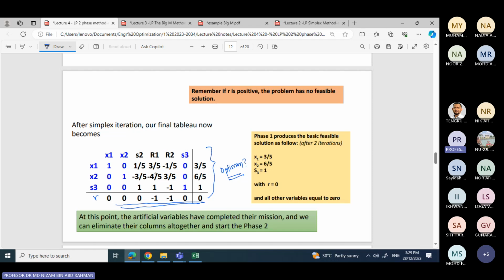So once you do that, at this point artificial variables have completed their missions, and we can eliminate their columns altogether and start phase 2, right? So now once we have this, we can move to phase 2. In phase two, you're going to use this solution, but you're going to eliminate the artificial variables columns altogether.